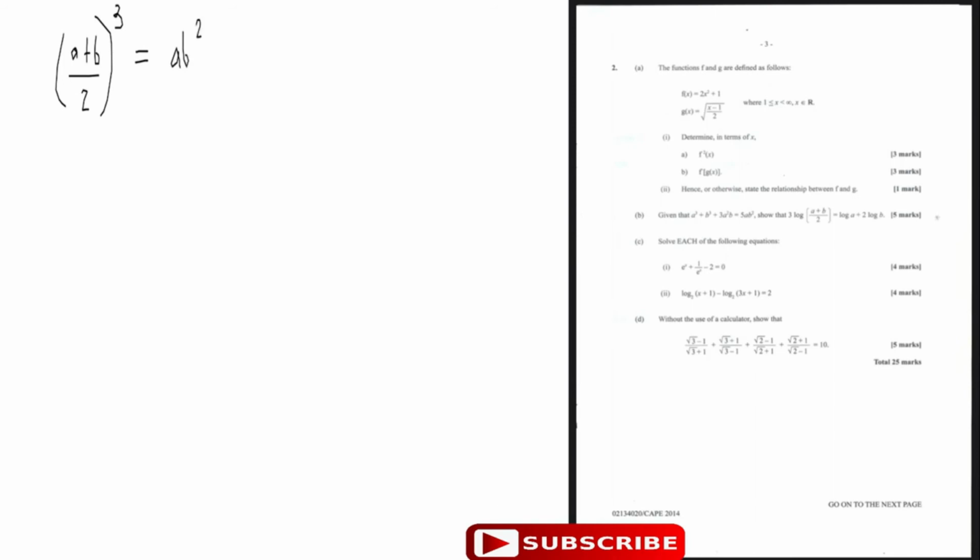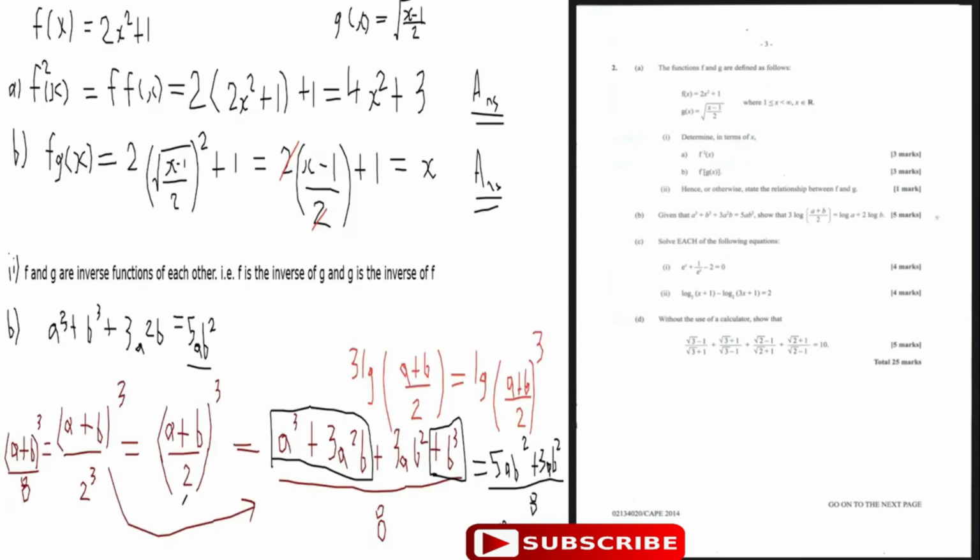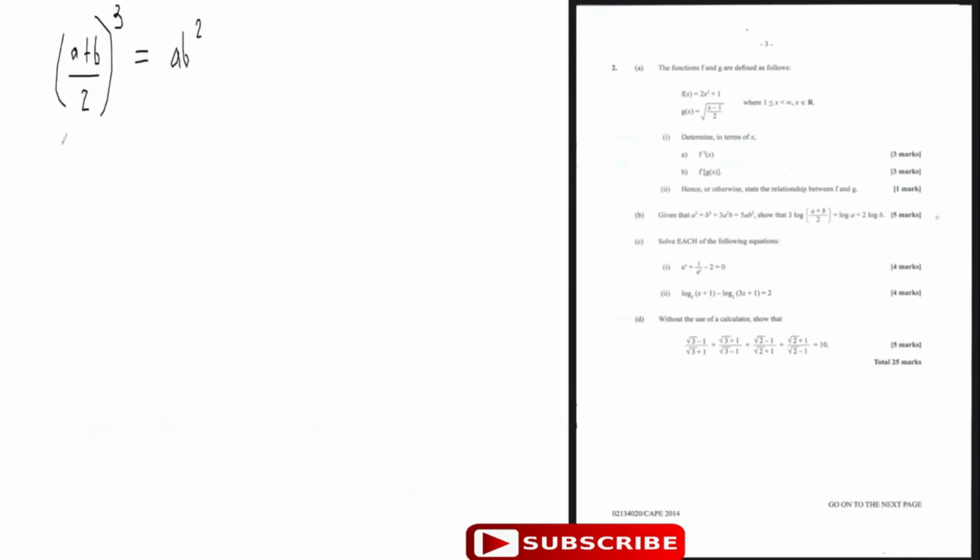So now if these two are equal, we can take the log of both sides. Hence the log of ((a plus b) over 2) all cubed is going to be equal to the log of ab squared.